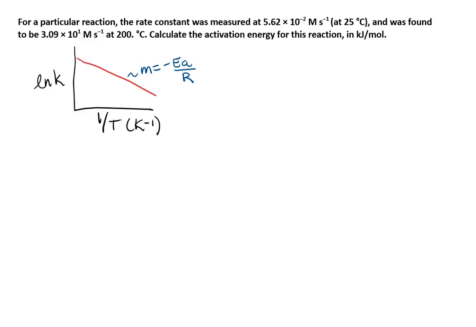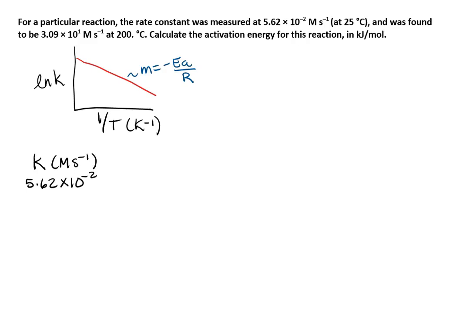What I typically do with these types of calculations is I'll set up my own table of data just so I know how I'm keeping track of the calculations. So in this example, we are given a rate constant of 5.62 times 10 to the negative 2. I'll just put the units up here so I don't have to write them every time.